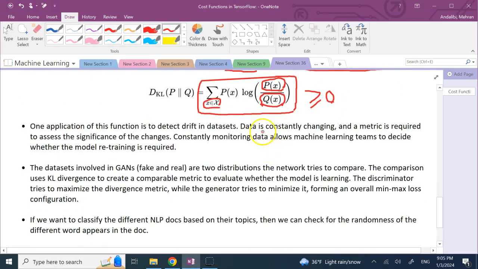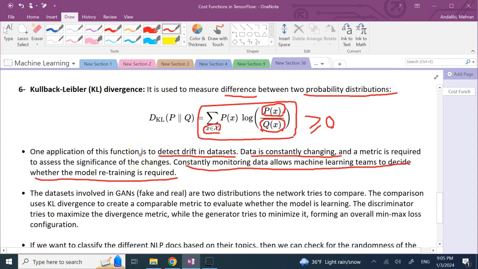Now, where would you use this in machine learning or deep learning? One of them is to detect drift in data sets. Data is constantly changing, and you need some way to see if this change is significant. For instance, you want to see whether the data you have has changed enough that you need to retrain the system.